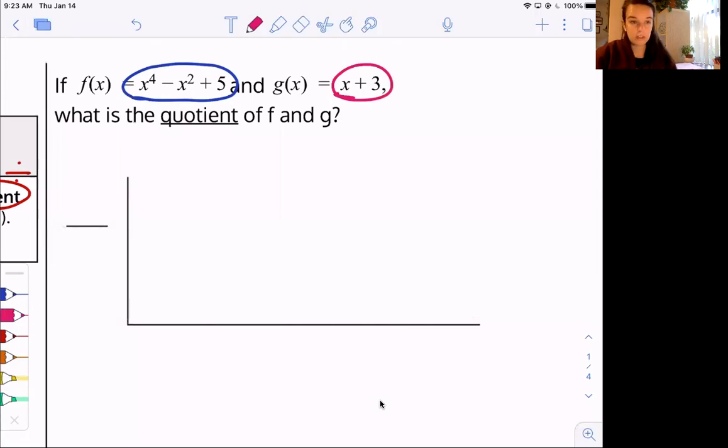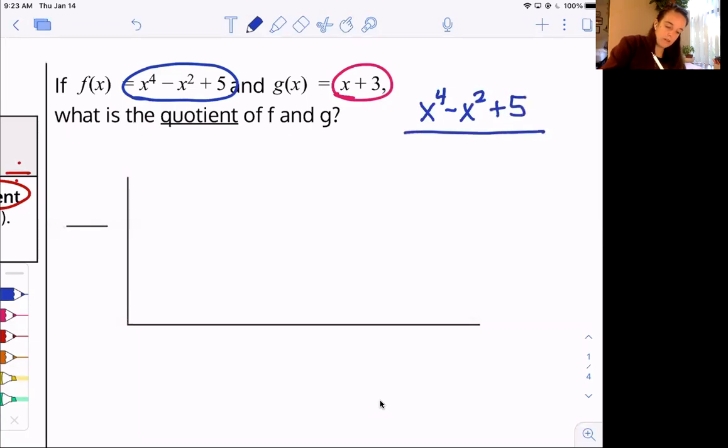And they're asking for the quotient, so I'm dividing again. So I'm going to have x to the fourth minus x squared plus 5 over x plus 3.